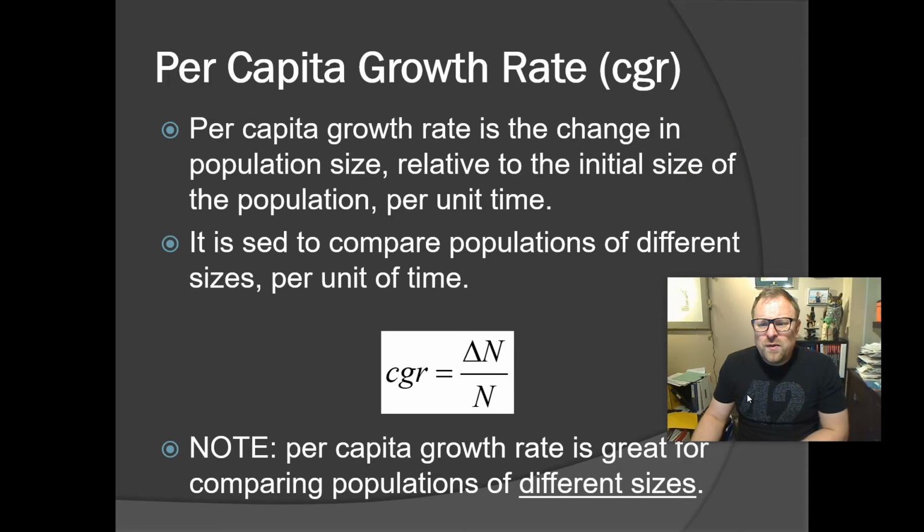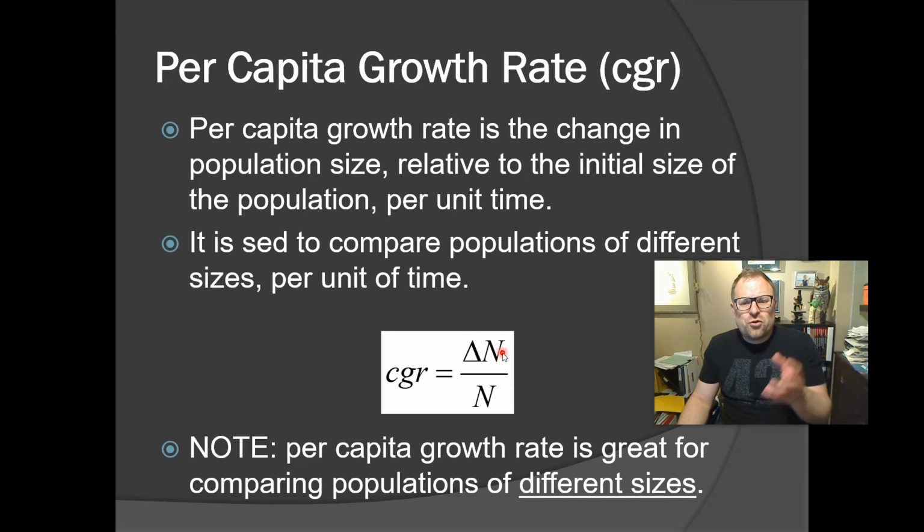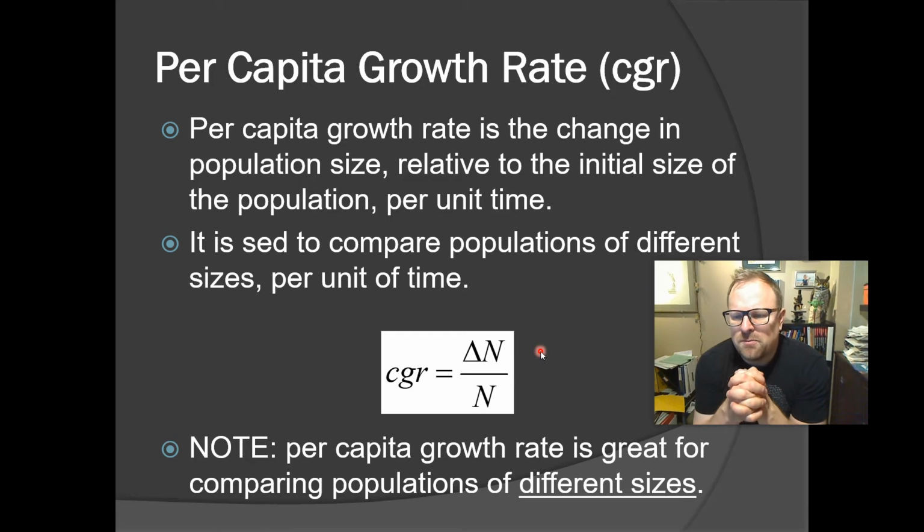And then the other one that's associated with this, if we're trying to compare 2 populations, maybe one in one area and one in another area, is per capita growth rate, which gives us the opportunity to make those comparisons. I always like to talk about this when we compare maybe Canada and the United States.